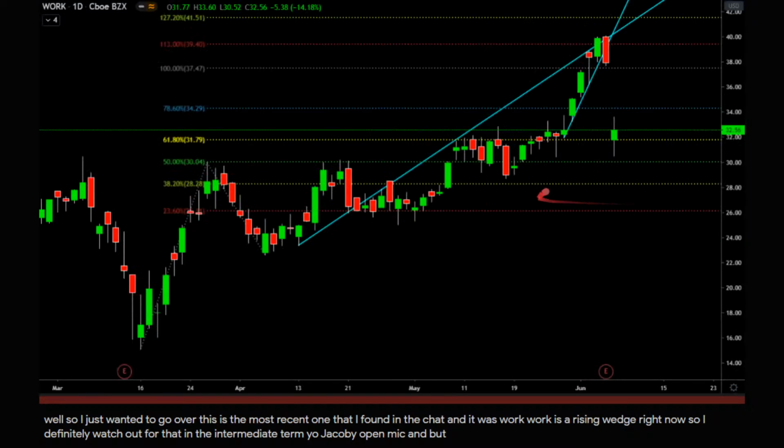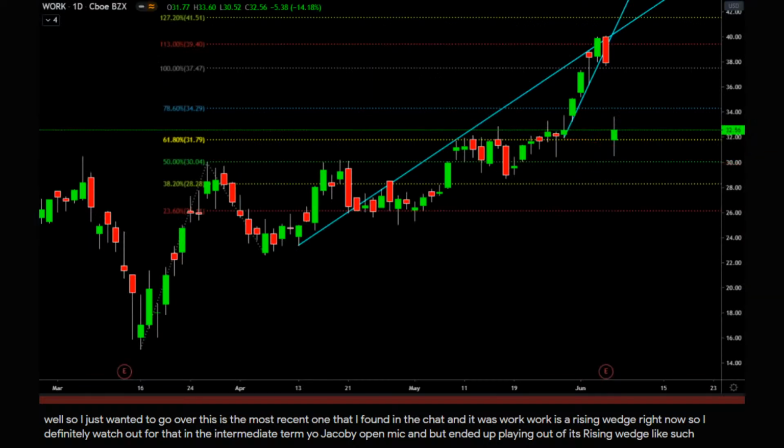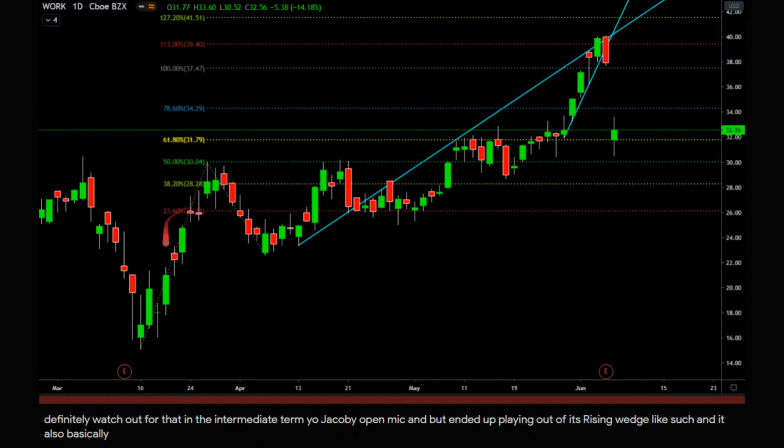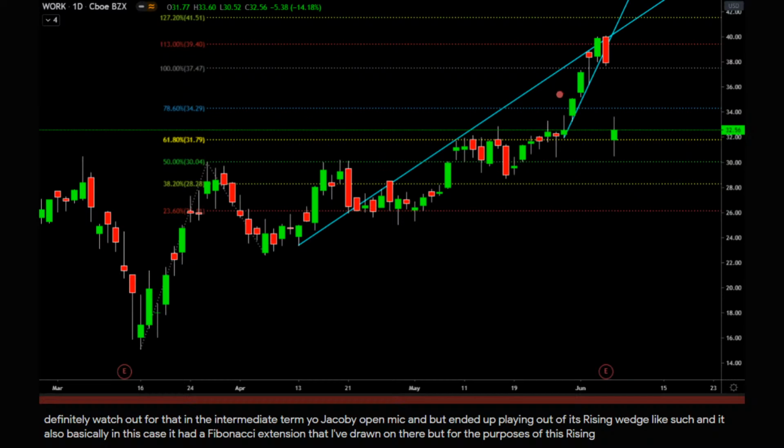WORK ended up playing out of its rising wedge like so. In this case it also had a Fibonacci extension that I've drawn on there, but for the purposes of this rising wedge, it's irrelevant.